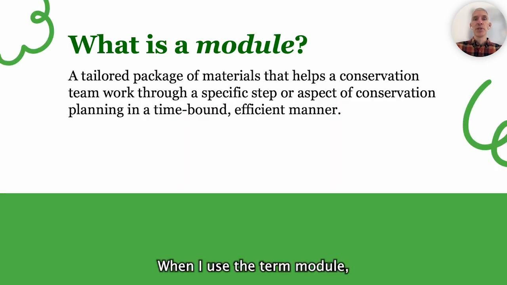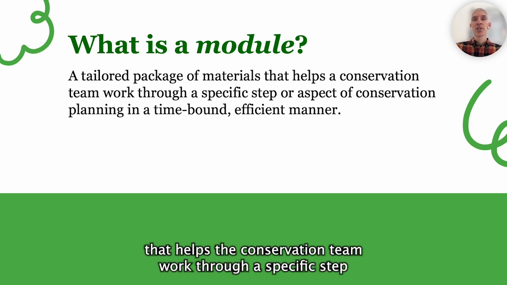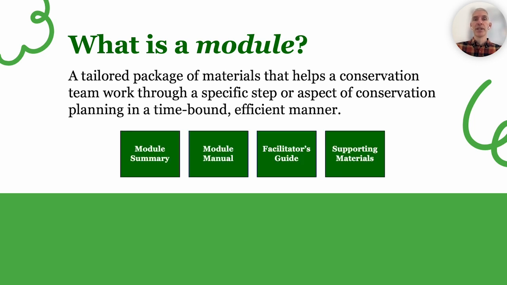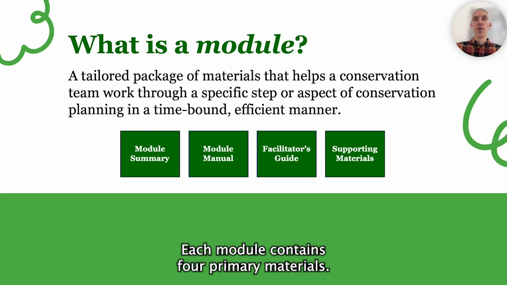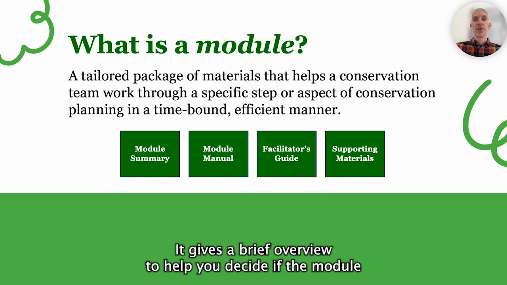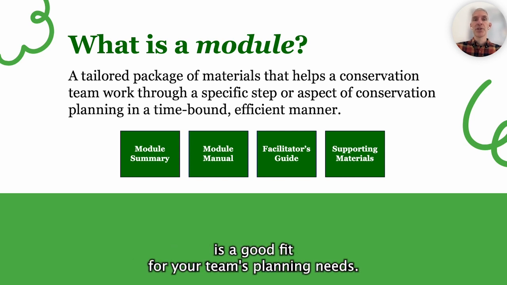When I use the term module, what I mean is a tailored package of materials that helps a conservation team work through a specific step or aspect of planning in a time-bound, efficient manner. Each module contains 4 primary materials. First, a module summary document that gives a brief overview to help you decide if the module is a good fit for your team's planning needs.